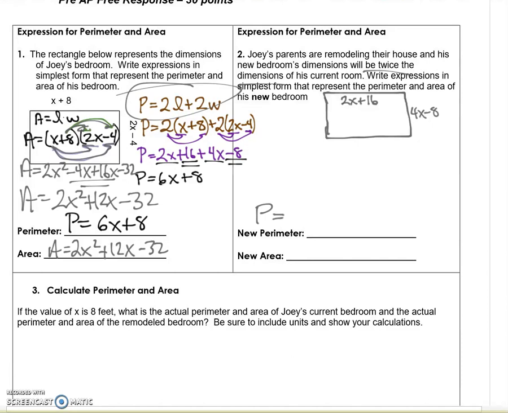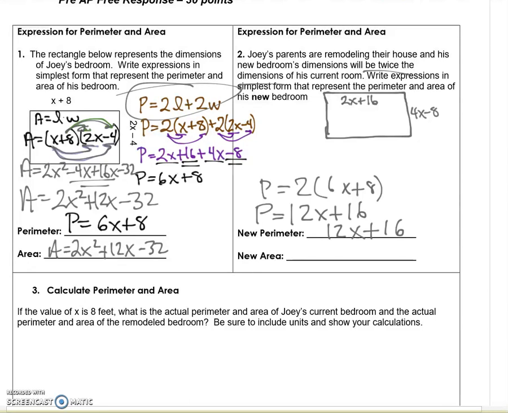So I would get a perimeter of 12x plus 16, because that's what I get when I multiply 2 times 6x plus 8.